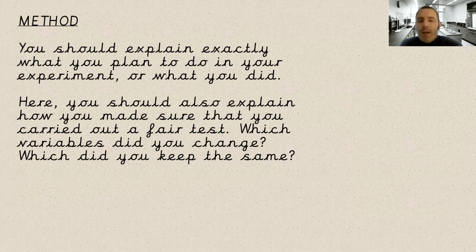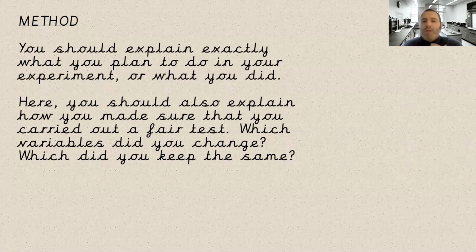So a variable is, ideally, in a scientific investigation, you have one variable. If we think about the friction investigation we did before Christmas, the variable that changed was the surface we pulled the shoe across. We all used the same force meter. We had the same person pulling the force meter. We had the same person inspecting the force meter to read it, which meant we kept it as fair as possible.